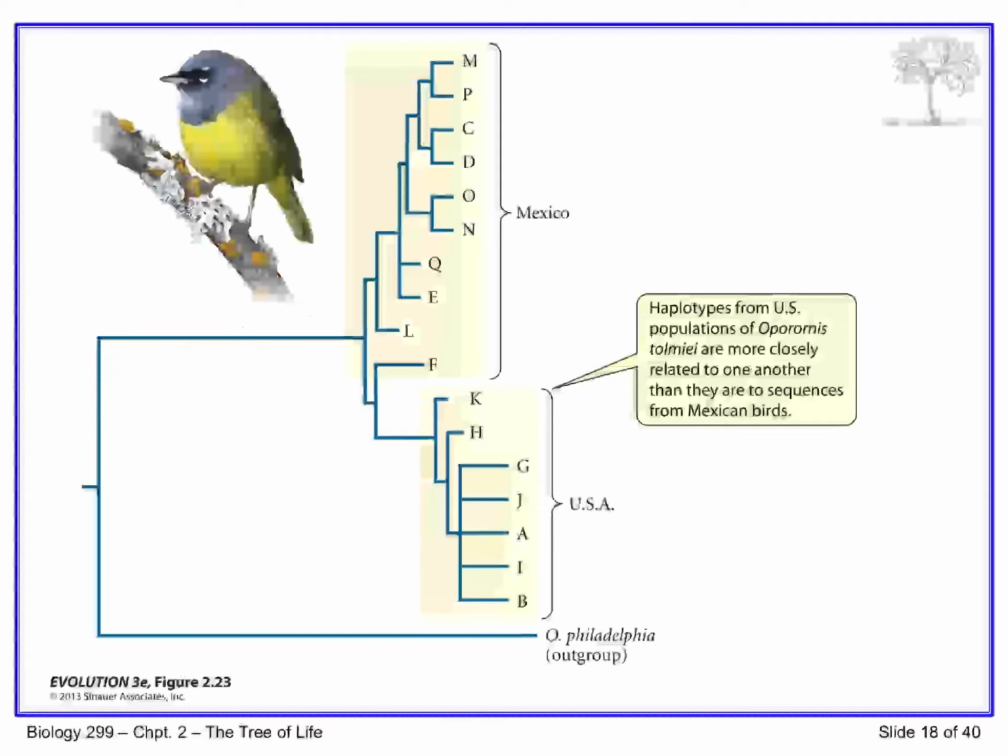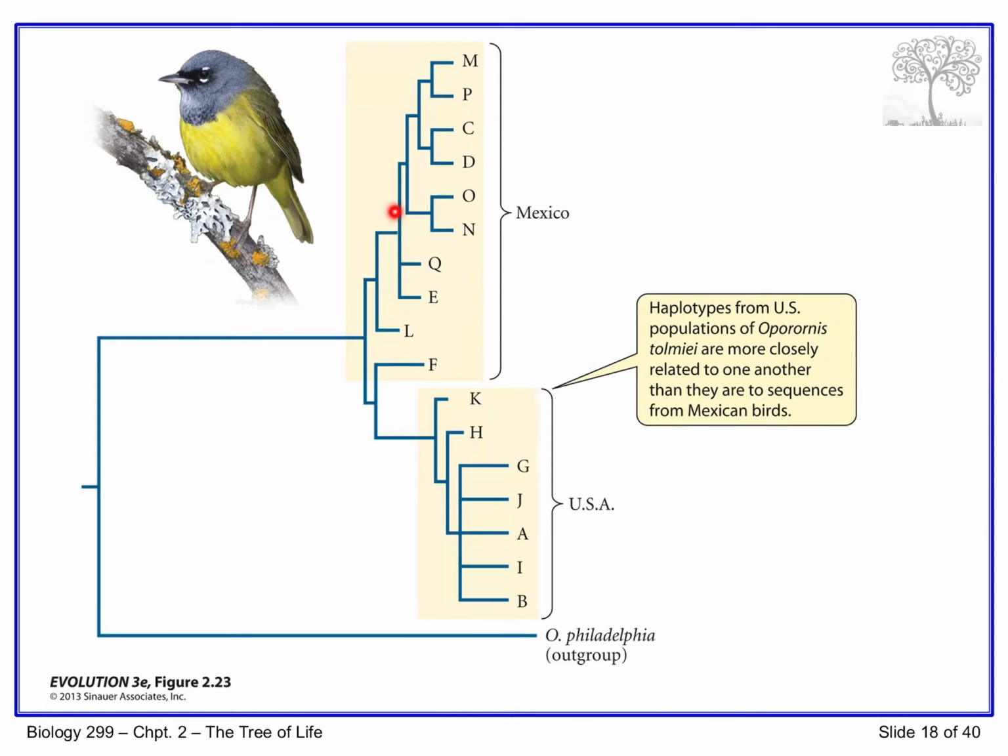So here we see an example of what's called a haplotype tree or a gene tree for, I believe, McGillivray's warbler. And what you see is that we have really two geographic populations of this, one in Mexico and one in the US. And so it appears that there's geographic distinction between them, right?